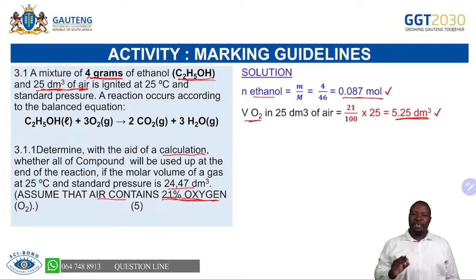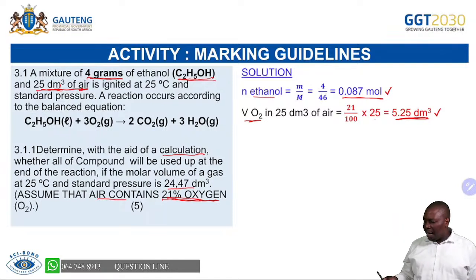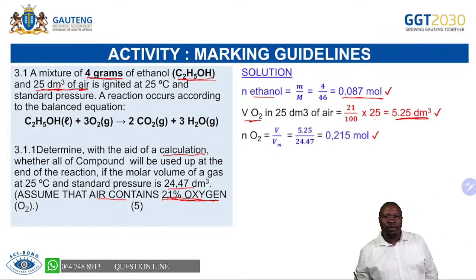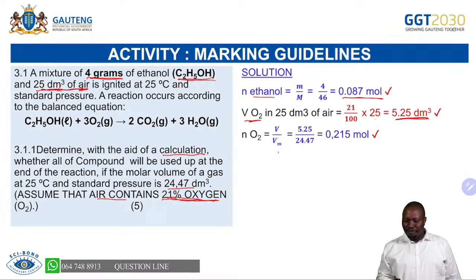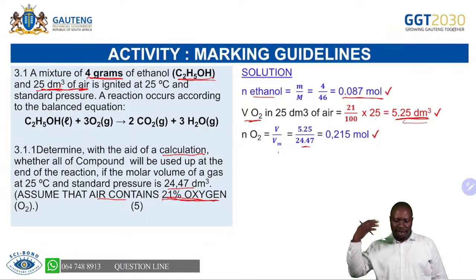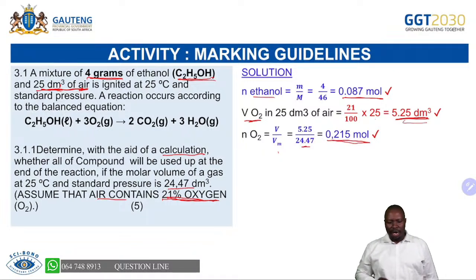And then from there, already you know the number of moles of ethanol. Now you must find the number of moles of oxygen, which is the next step. You are going to use the molar volume that is given, which is the volume of oxygen, 5,25, divided by the molar volume. So when you have the volume divided by the molar volume, you are able to get your 0,215 moles, and then that is your other mark again.